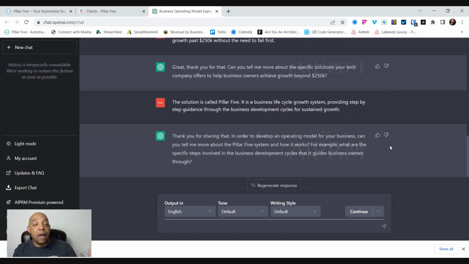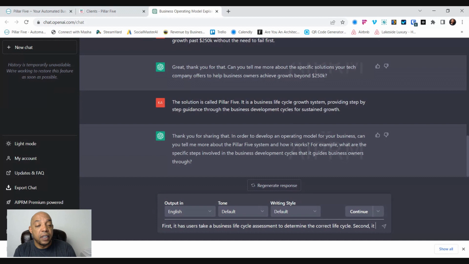More about the system, how it works for them. What are the specific steps involved in the business development cycles that it guides owners through? Perfect. At first, let's say it has users take a business life cycle assessment to determine the correct life cycle.